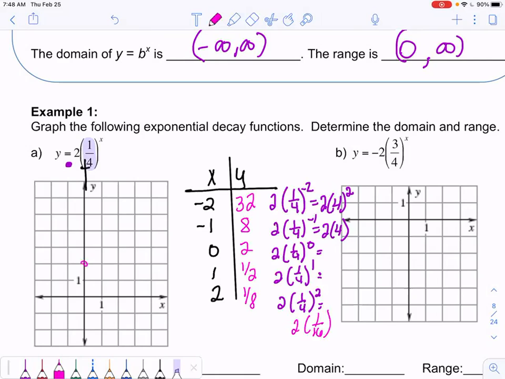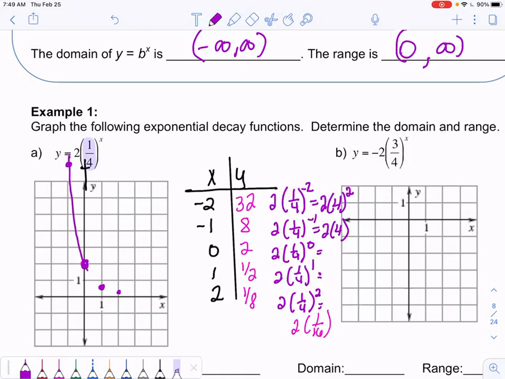At 0, we're at 2. And then you can see this time it decreases rapidly instead of growing rapidly. 1 is at a half, 2 is at 1/8. That curve of the graph, where those points are getting closer together, that's where it starts flattening out.